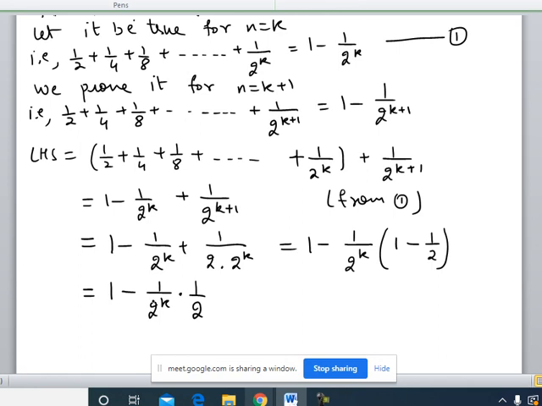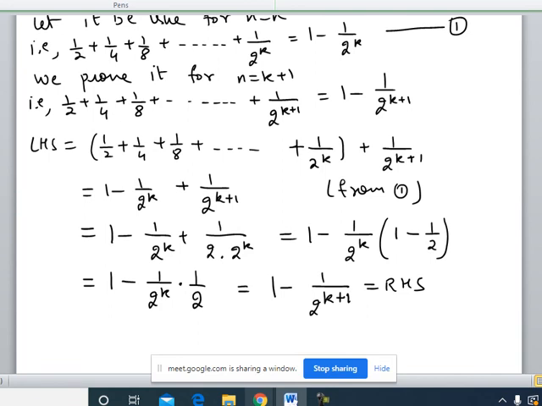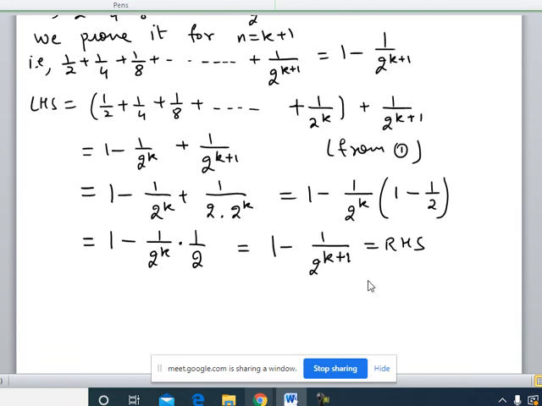So look at this part. They both have got common base 2. So their exponents should be added. And we can now write it as 1 minus 1 over 2 to the power k plus 1. See, this is the required right hand side. Fine. That means we have already proved that the result is true for k plus 1.